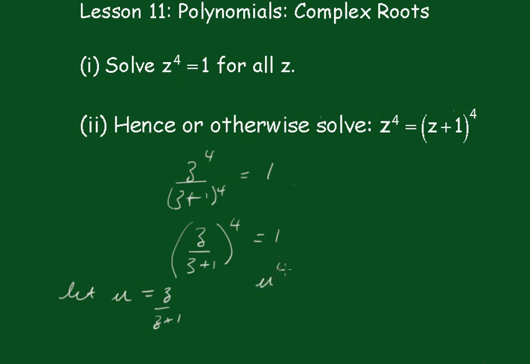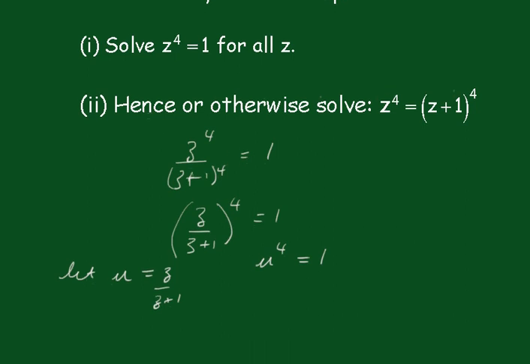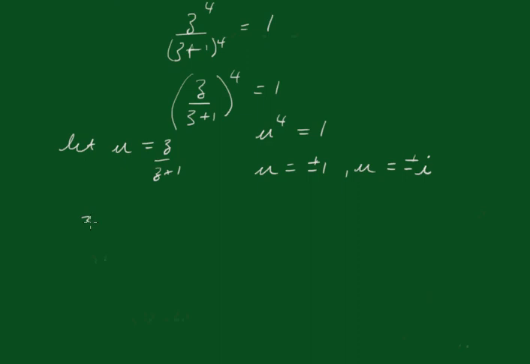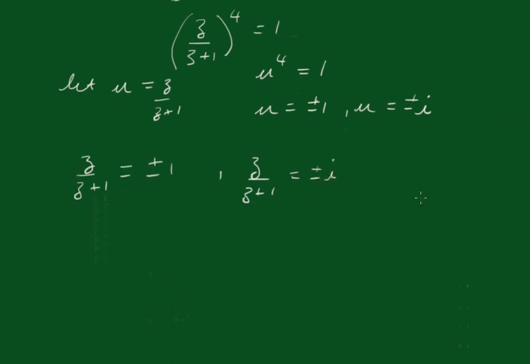So we have u to the fourth equals 1. Now, from the first part, we know that u must be equal to plus or minus 1, or u must be equal to plus or minus i, which of course means that z over z plus 1 must be equal to plus or minus 1, or z on z plus 1 equals plus or minus i. So we'll work our way through each of these.